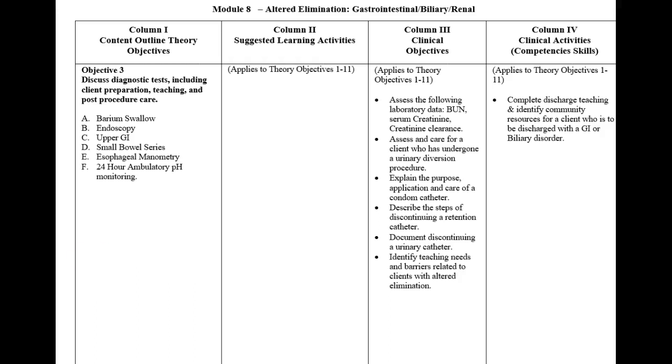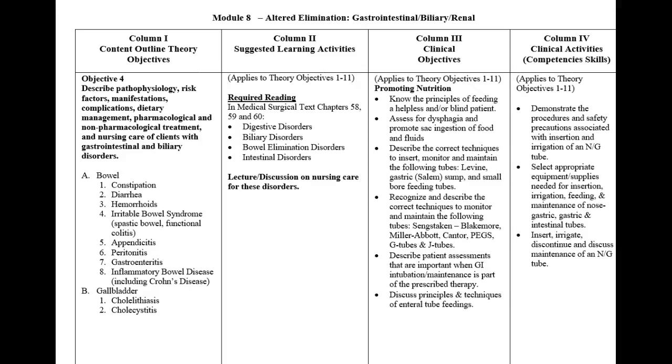I will try my best to put the links of the videos in the PowerPoint so you can have those at your discretion whenever you would like to use them. This is a very big module to cover, but I want to make sure you're doing your reading as well as I continue to guide and reinforce.